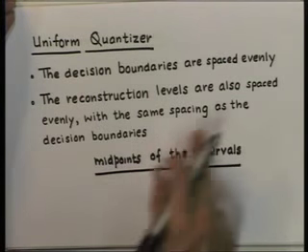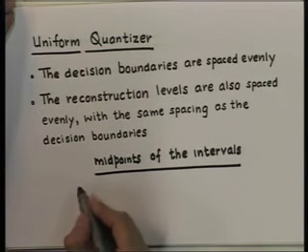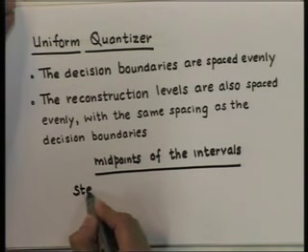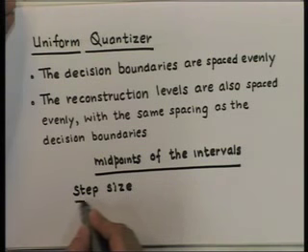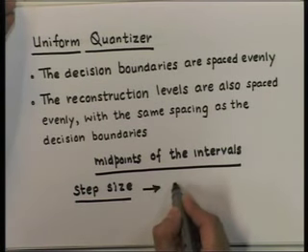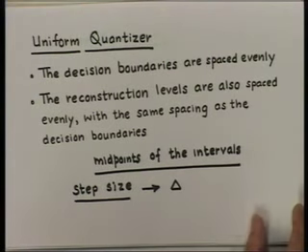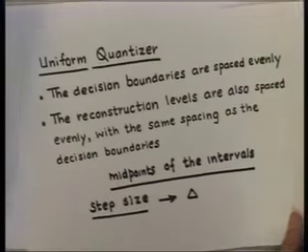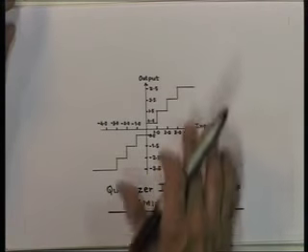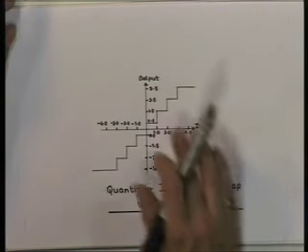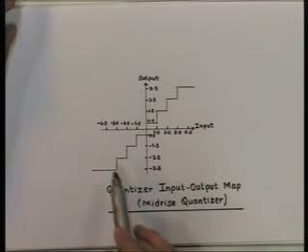This constant spacing is usually referred to as the step size, and it is denoted by delta. Now, the mapping for the quantizer for the 3-bit encoder pair discussed earlier can be represented by the input output map shown here.